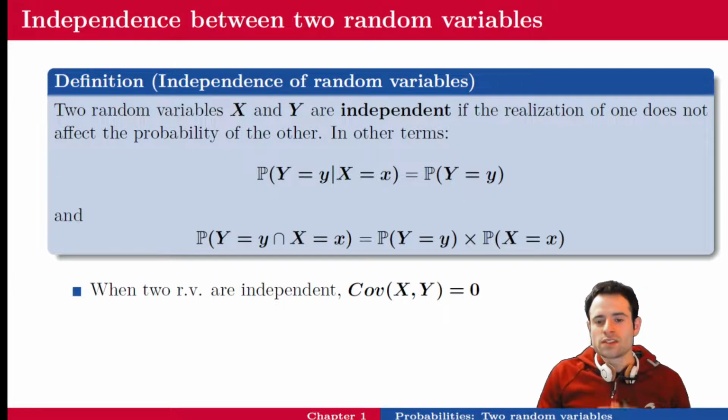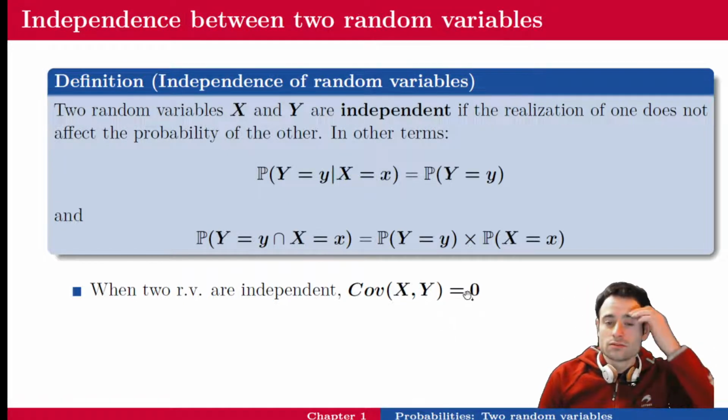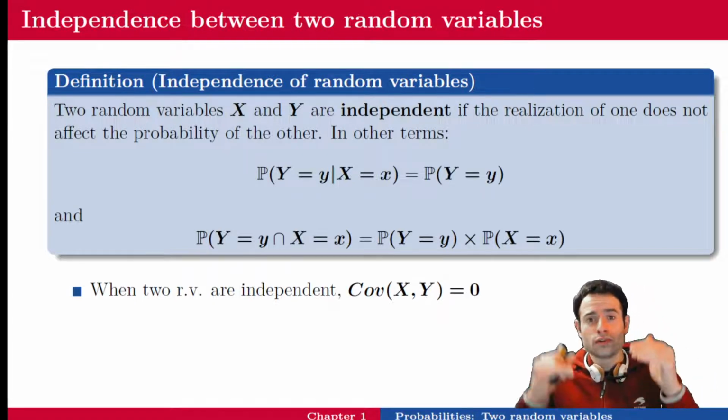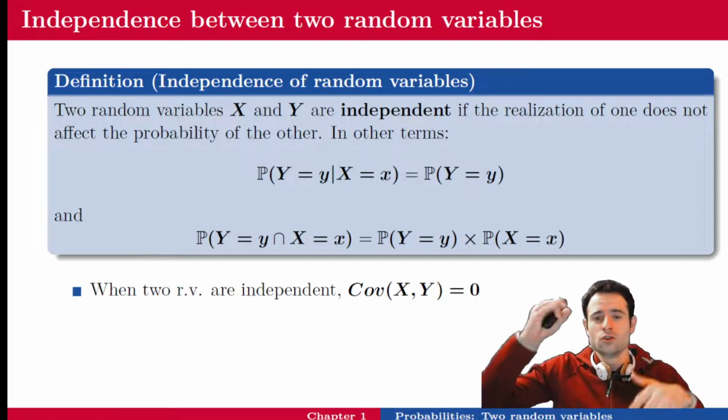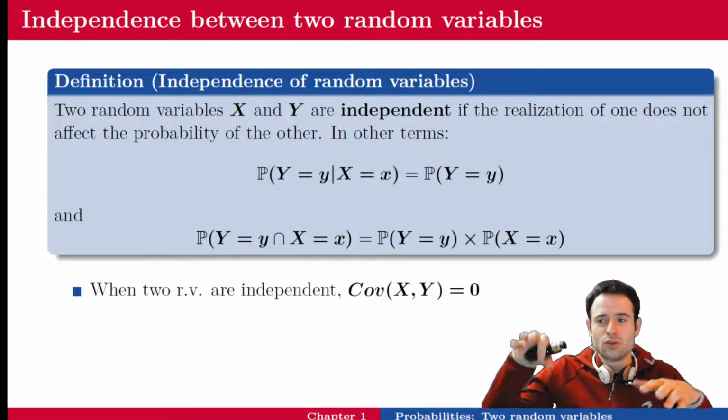A consequence of this definition, and I don't want to show the math, it's not very complicated, is that when two random variables are independent, their covariance is equal to 0. The idea is that they do not move together. They do whatever they want, but they do not depend on each other.